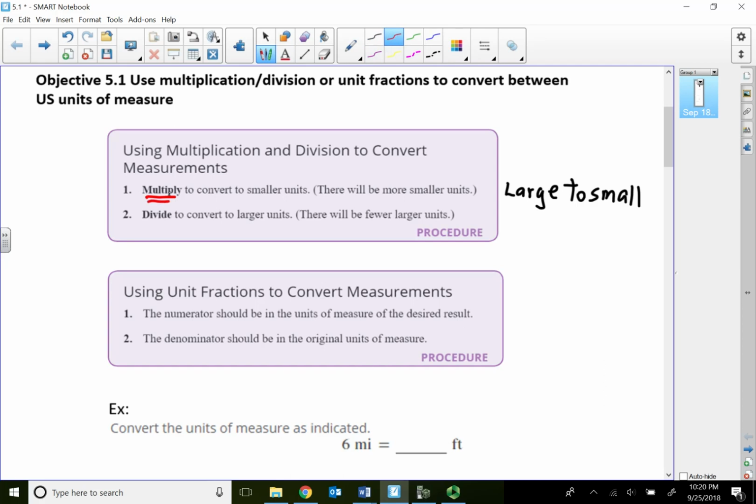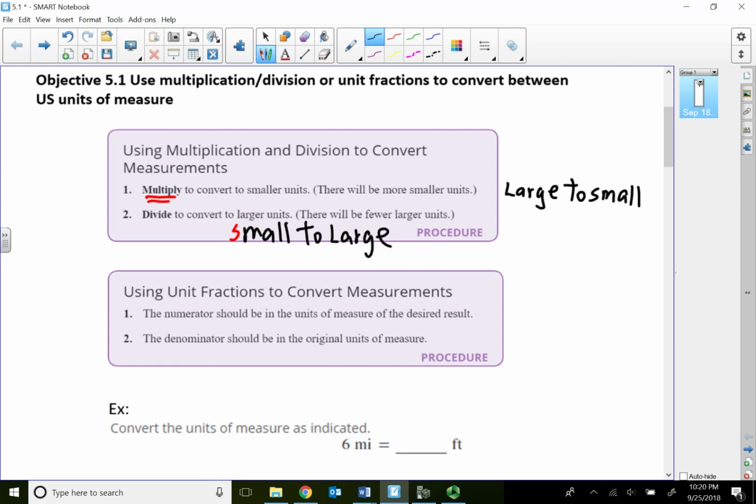When you start out with a smaller unit and need to convert to a larger unit, you will divide.